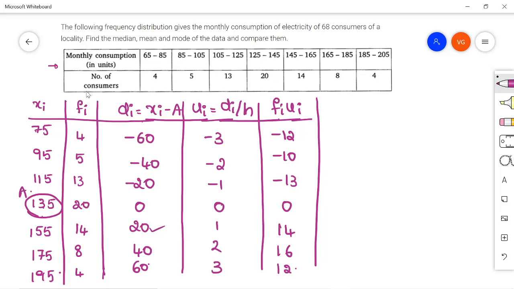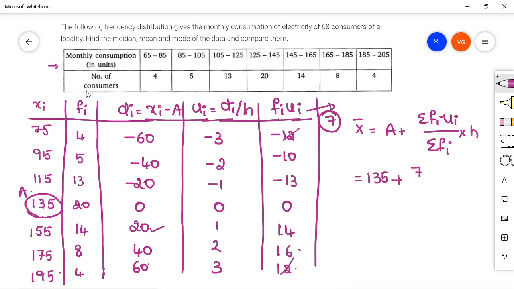So now the formula for mean: x bar is equal to a plus sigma fi ui divided by sigma fi, multiplied by h, right? So assumed mean is 135 plus sigma fi ui. We need to add all these things. So minus 12 plus 12 will get cancelled here, right? The remaining you will get 1 and 6, so it will be 7, right?